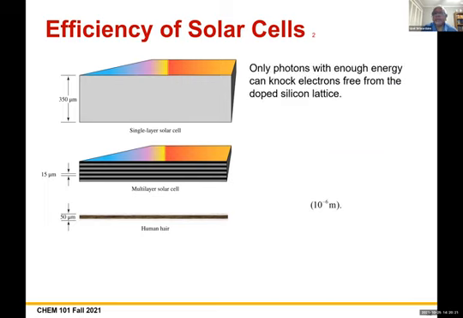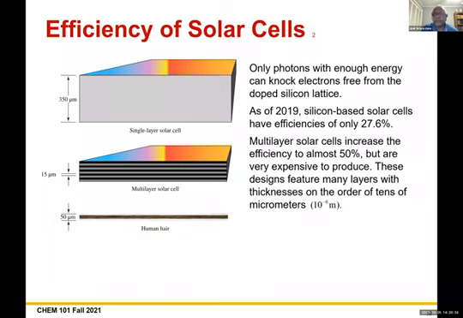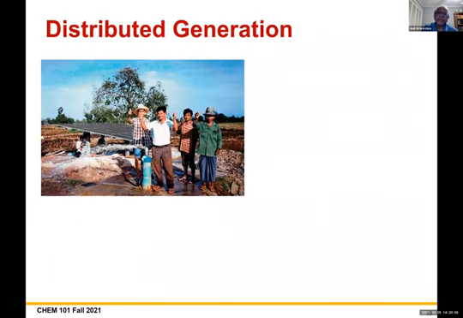Only photons with enough energy can knock electrons from the doped silicon lattice. As of 2019, silicon-based solar cells have an efficiency of 27.6%. Multi-layer solar cells increase the efficiency to about 50%, but are very expensive to produce. These designs with many layers, with thickness on the order of tens of microns, could produce more efficient solar cells.